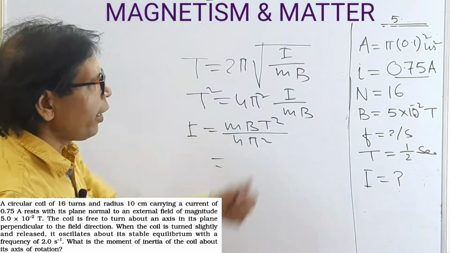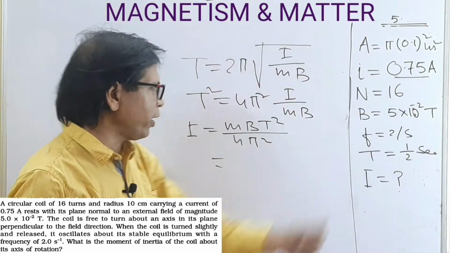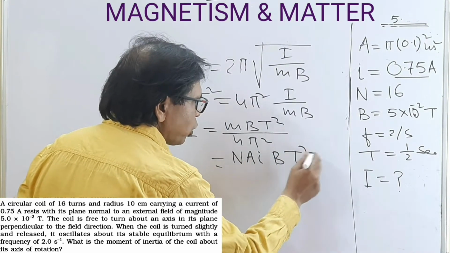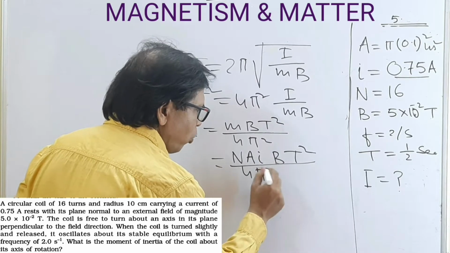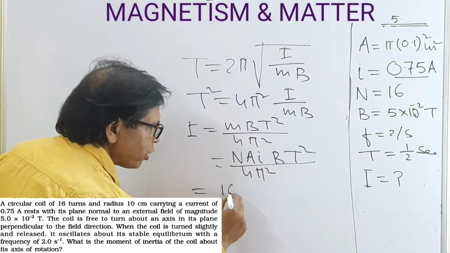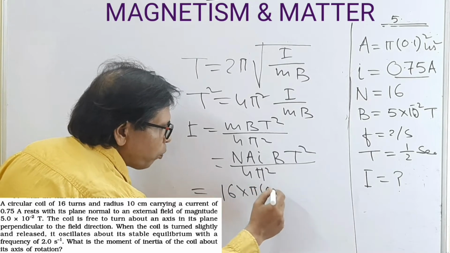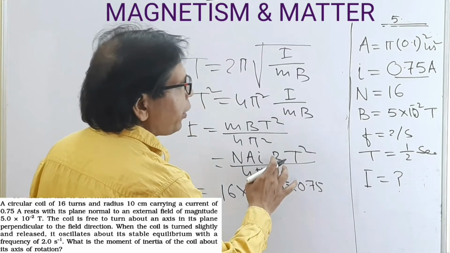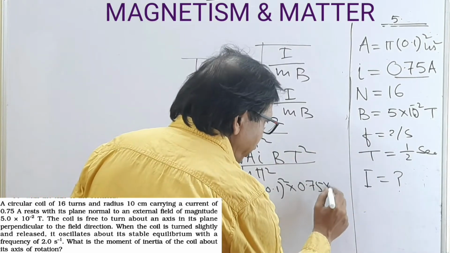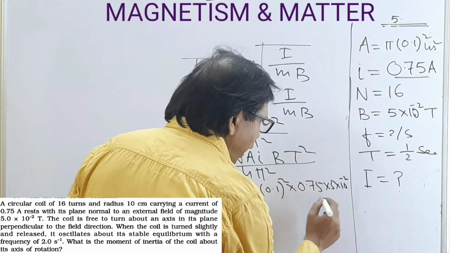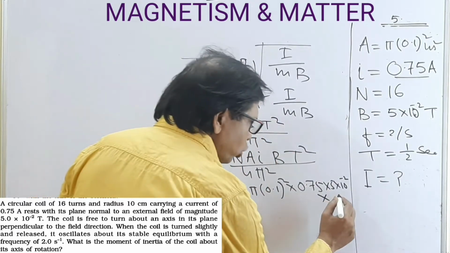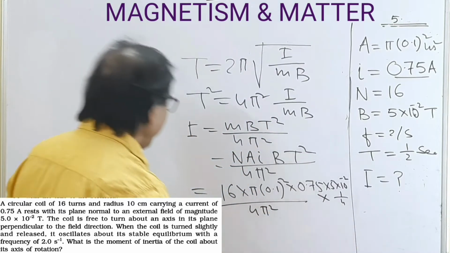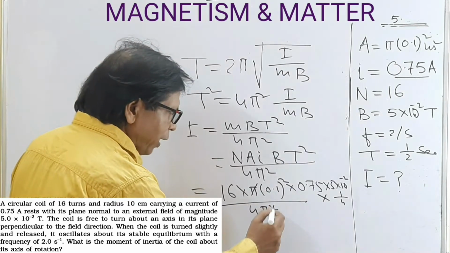Now what is m? M equal to NAI. So look at this, this is NAI, b, this is T square divided by 4 pi square. Okay. Now what is N? N is 16. A is pi into 0.1 whole square, I equal to 0.75 and magnetic field, this is 5 into 10 to the power minus 2 and now look at this, this is T square. T square means 1 by 4 and finally divided by this 4 pi square. Okay. Look at this, pi cancel out.